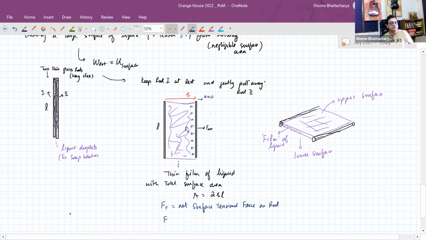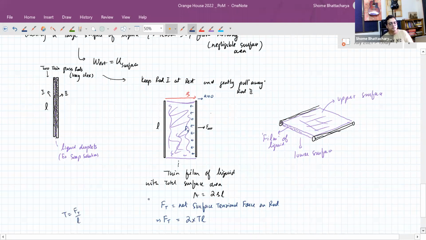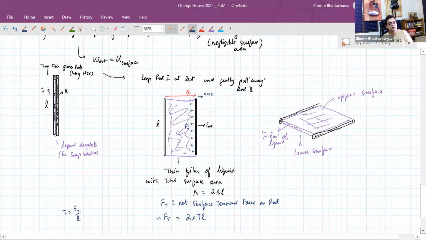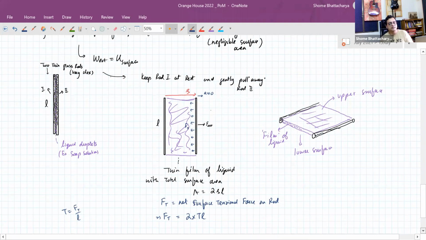Because remember, surface tension is tangential force per unit length. So since my acceleration of the rod is 0, the external force will have to balance this net surface tensional force. So it is 2 times TL.